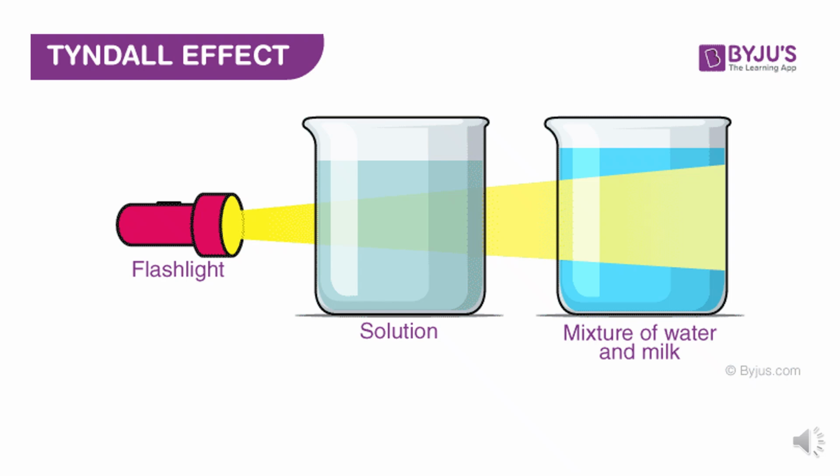So a true solution does not show any Tyndall effect due to the small particle size, but milk in water shows the Tyndall effect due to the scattering of light by the larger colloidal particles.